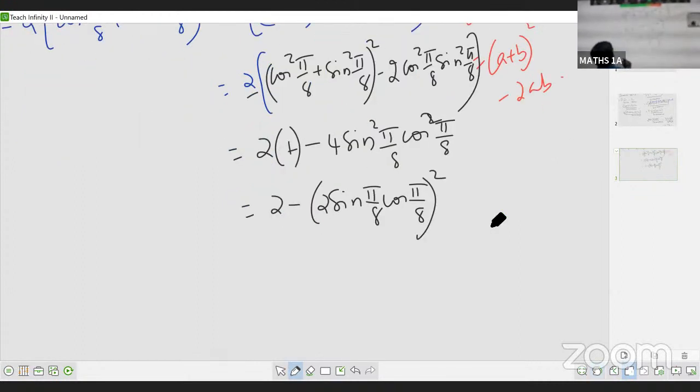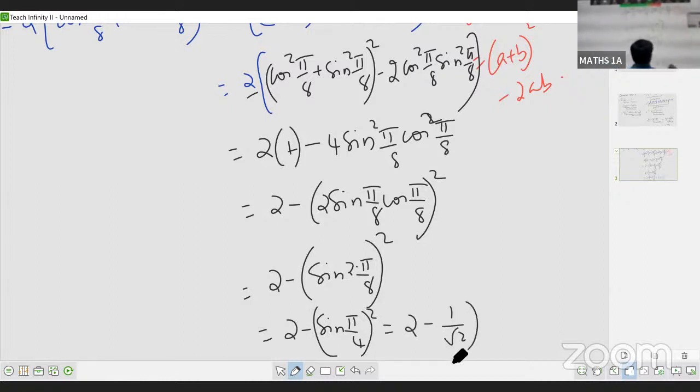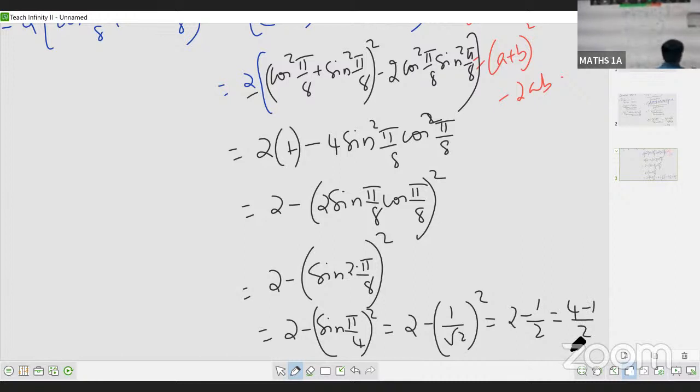That is nothing but 2 minus 2 sine theta cos theta, sine 2 pi by 8, still its whole square. 2 minus sine pi by 4 whole square. 2 minus 1 by root 2 whole square. 2 minus 1 by 2. 2 into, 4 minus 1 by 2, that is 3 by 2. Is it clear? That is nothing but 3 by 2.